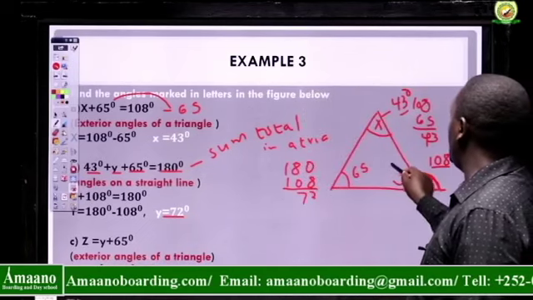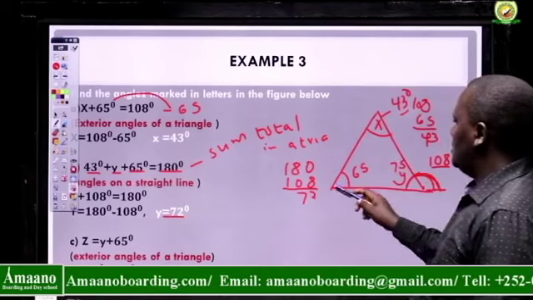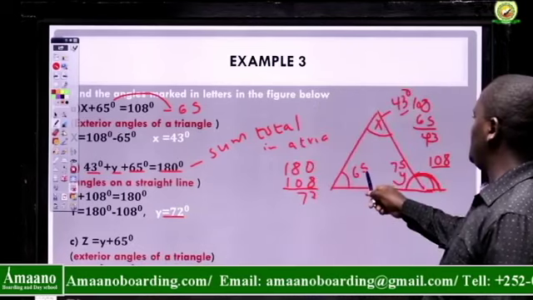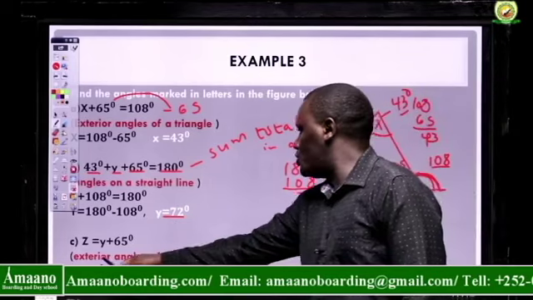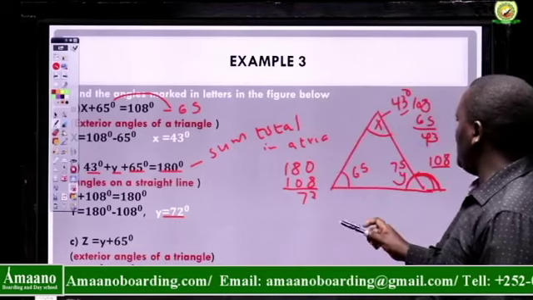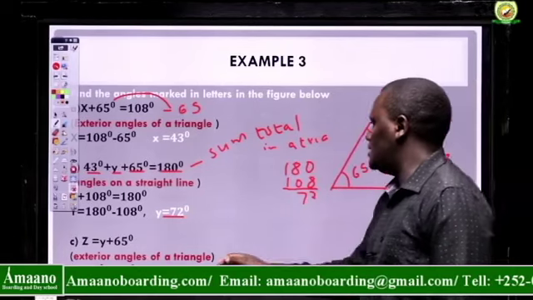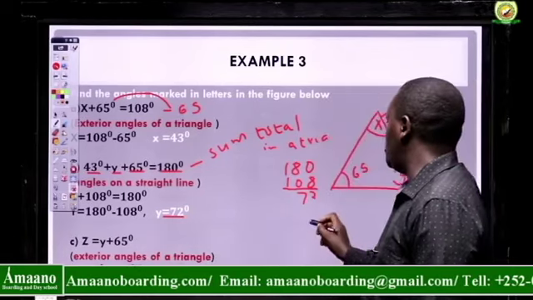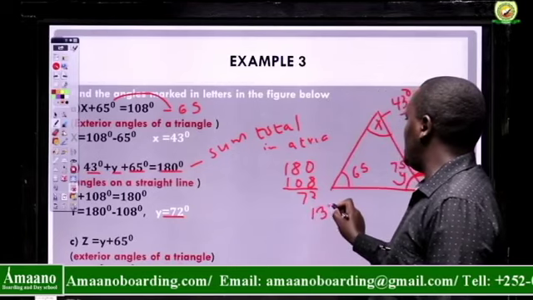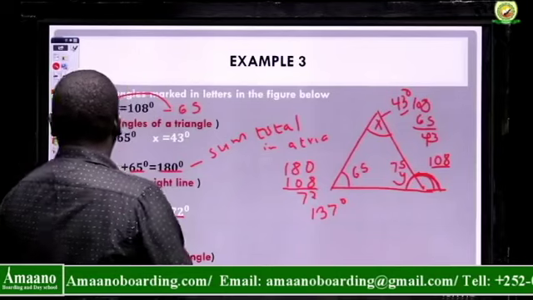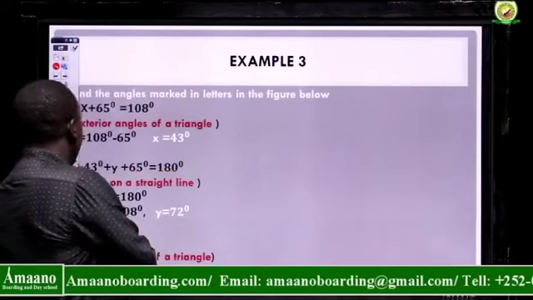I found it to be here. 72 plus 65, and 65 is here, equals angle z. So for me to find angle z, I'll only add these opposite angles. That is 72 plus 65 to be 137 degrees.